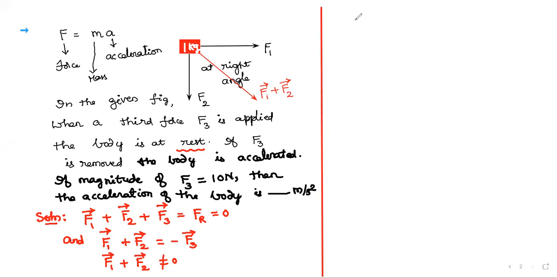So the resultant force after removing F3 bar, this third vector, is: two forces only act on the body. The resultant force is F1 bar plus F2 bar.